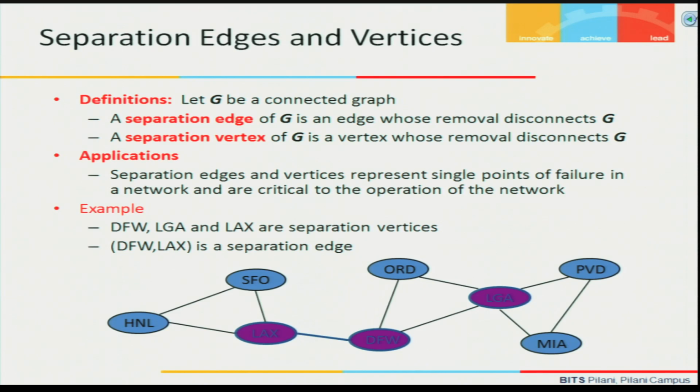These concepts of separation edges and vertices are very crucial in understanding networks. A separation vertex becomes very critical, because if the separation vertex fails, your network is going to fail. So, separation edge and separation vertex are very key ideas in the study of networks.